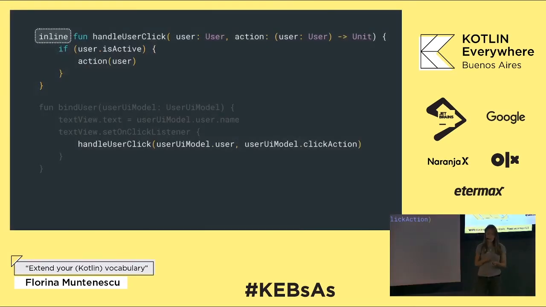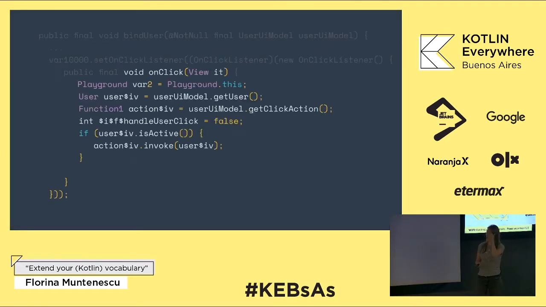So what happens here? By putting inline in front of a function name, our decompiled code changes. Here we can see that instead of having that function call that we had before, where we're creating a new function object, this time the contents of our handle user click method is just copied inside our own click listener implementation.